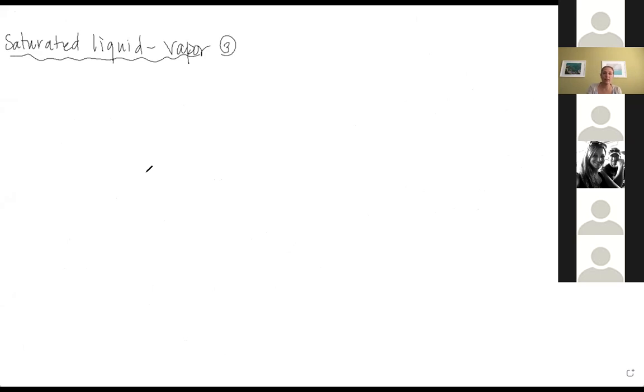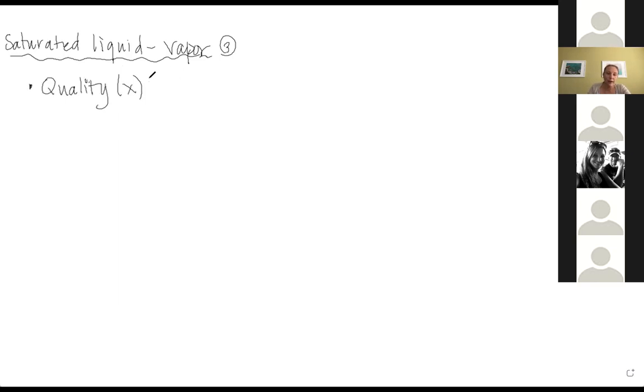And when we're looking at saturated liquid vapor, part of it is liquid, part of it is vapor. That's kind of the definition. So you have some liquid that's vaporizing, you might have some vapor that's depositing. So one of the main concepts that we use when we look at saturated liquid vapor is the concept of quality, which is represented by the term X.